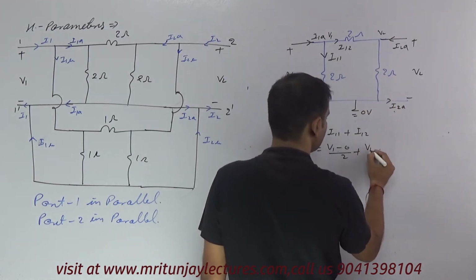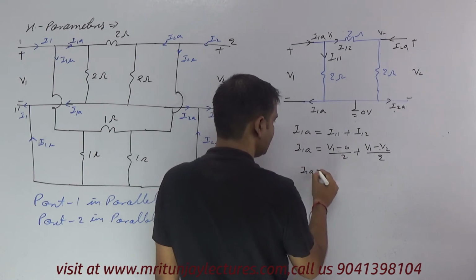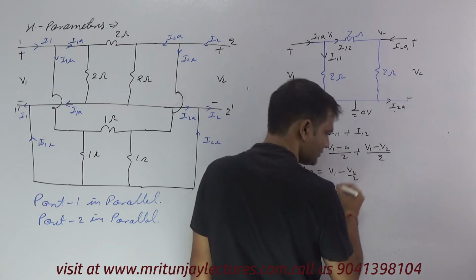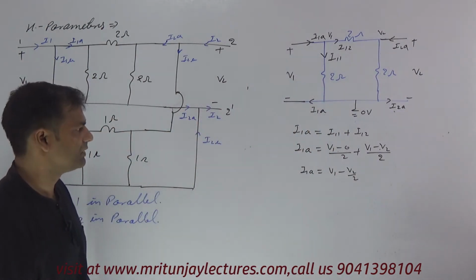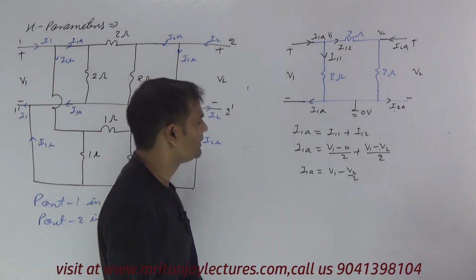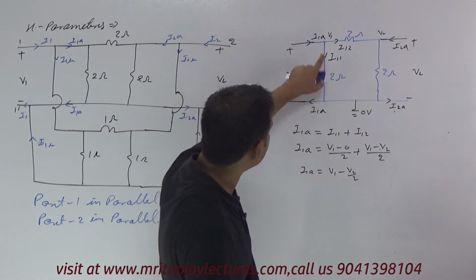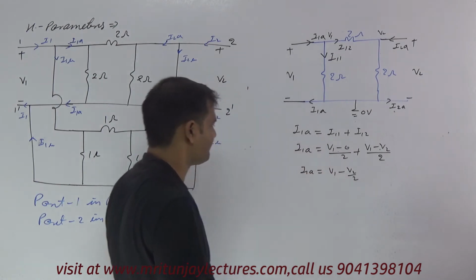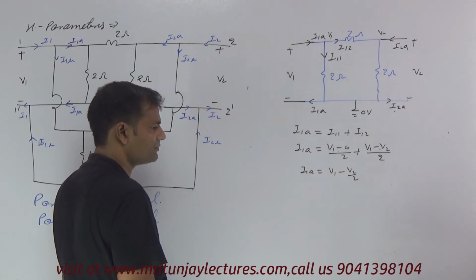I12 is V1 minus V2 divided by 2. So I1A equals V1 minus V2 by 2, that is 1 by 2 and this is 1 by 2.